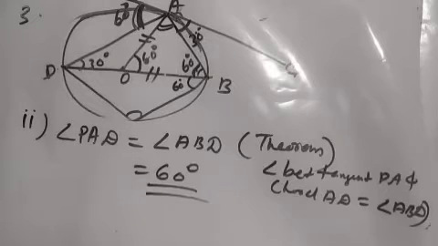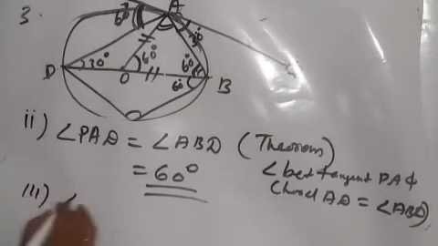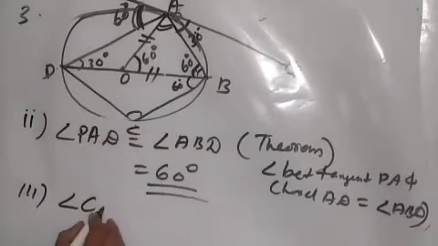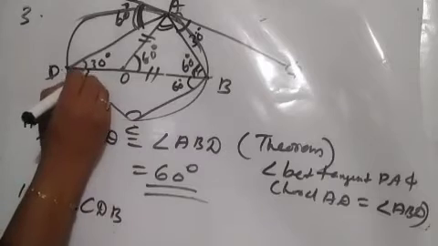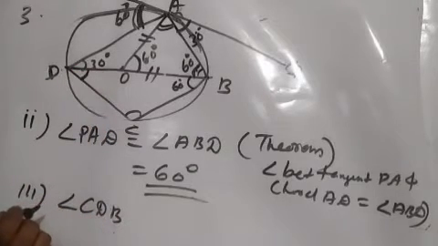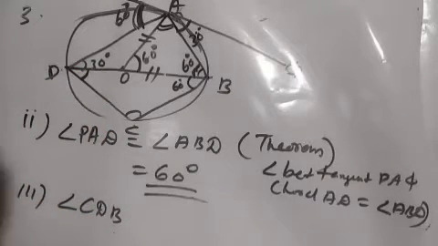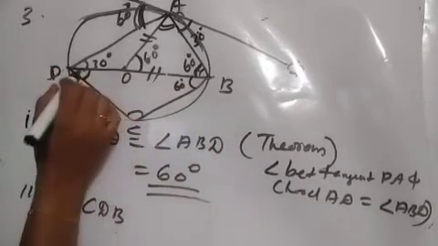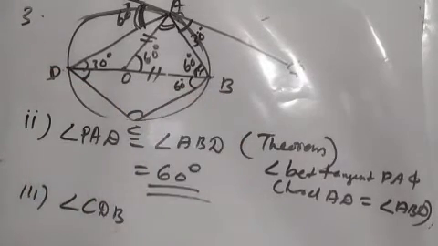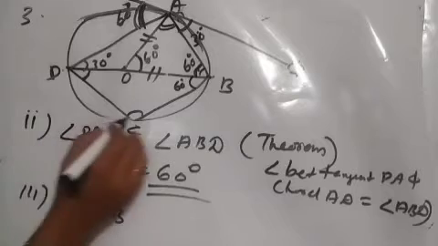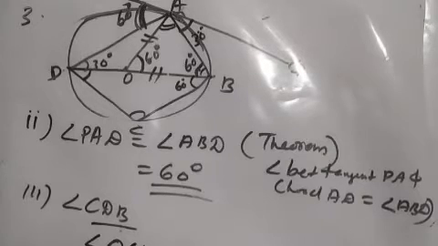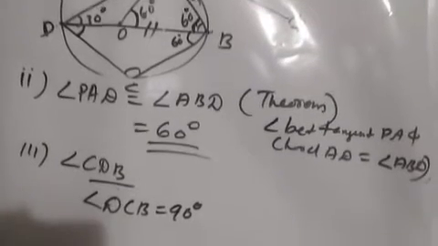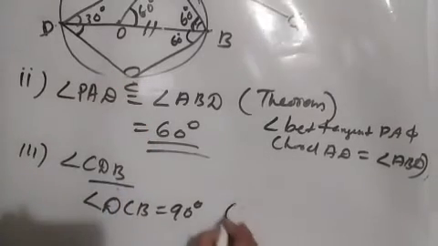Now the third one, angle CDB. This is C. This is a triangular portion now, and DB is a diameter. It's clearly given in the question. So what about angle C? Angle DCB is 90 degree. This we learned in chapter circle, angle in a semicircle.